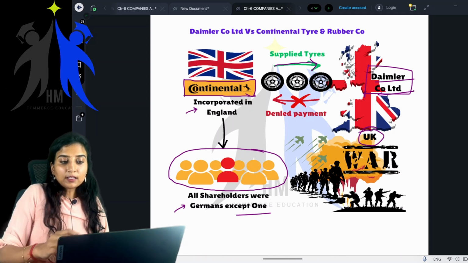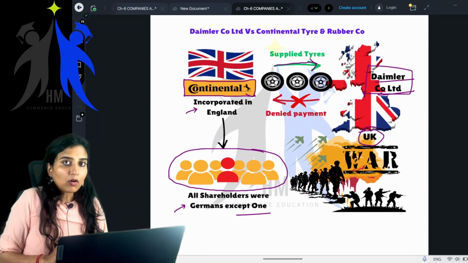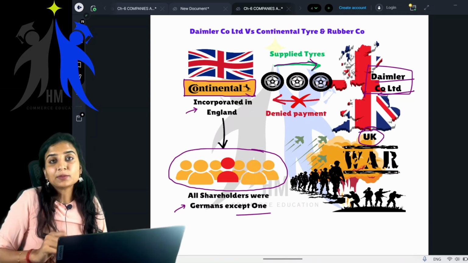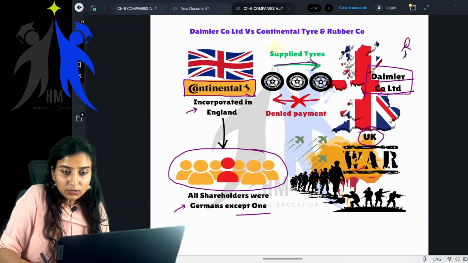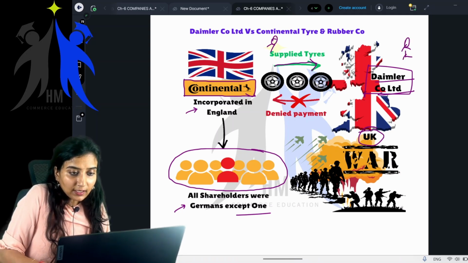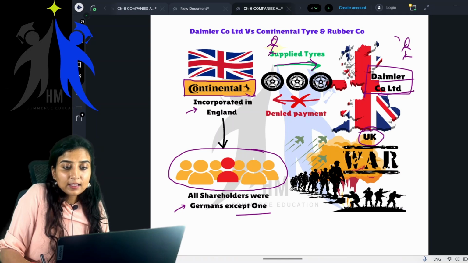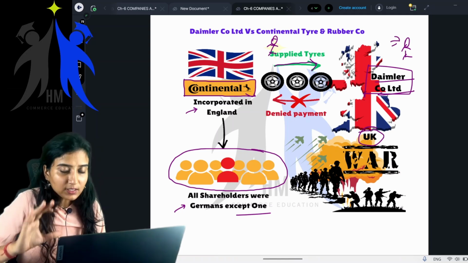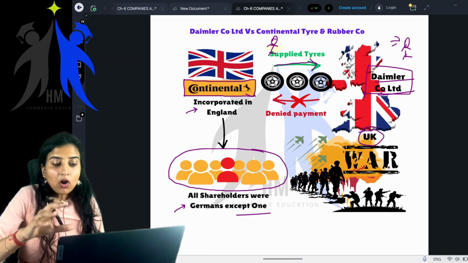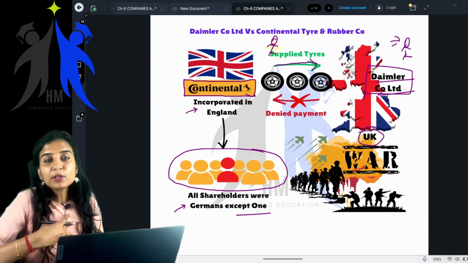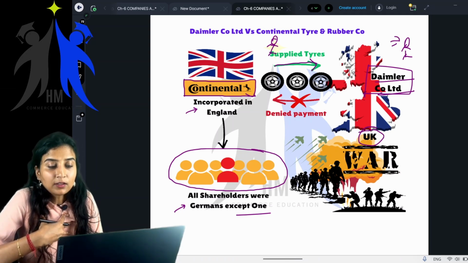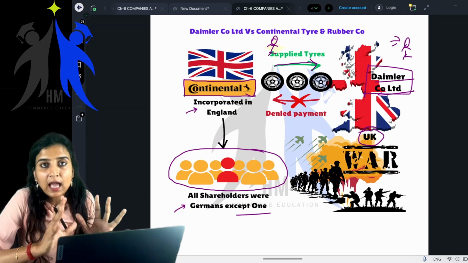You Continental company, all your shareholders are Germans. This person in Daimler is telling Continental Tires, you first listen to me. All of your shareholders are Germans. I am a UK company. And you know, now the world war is happening.